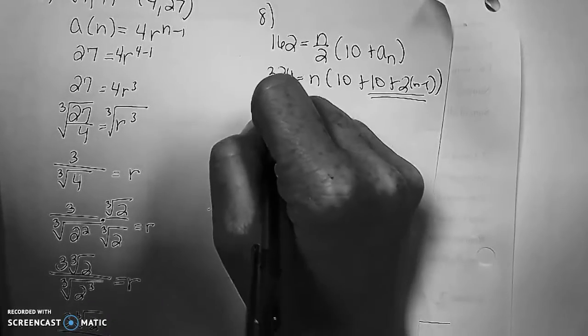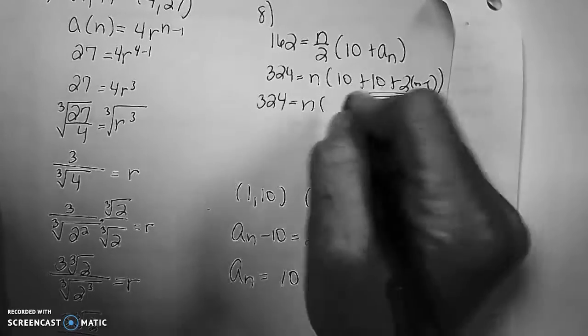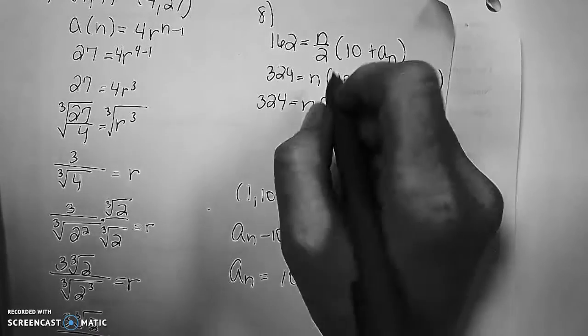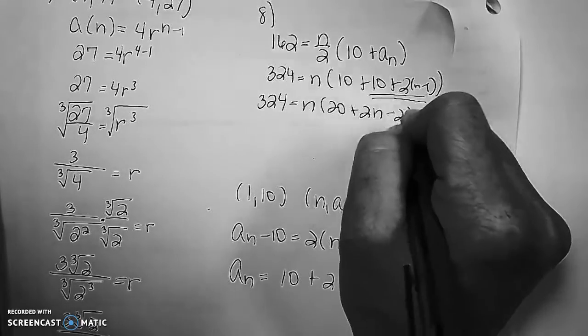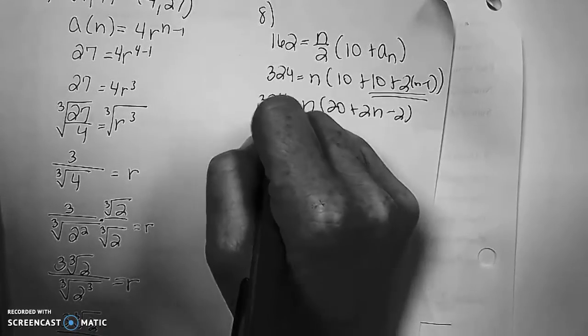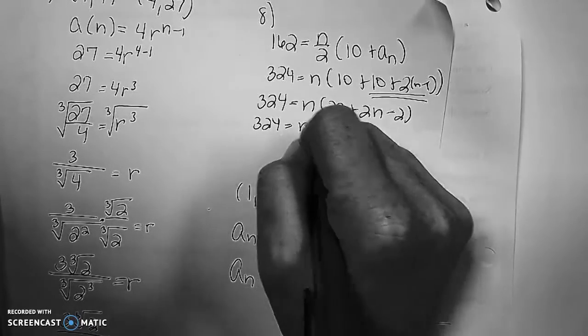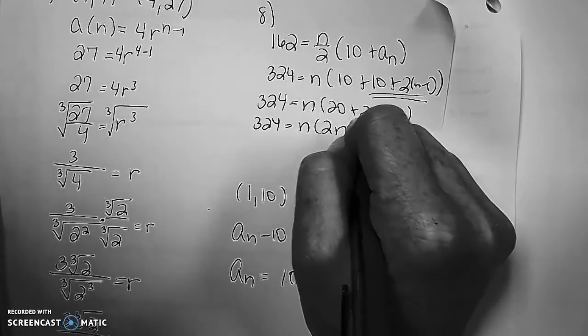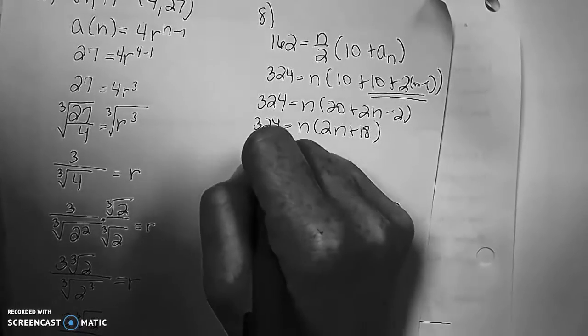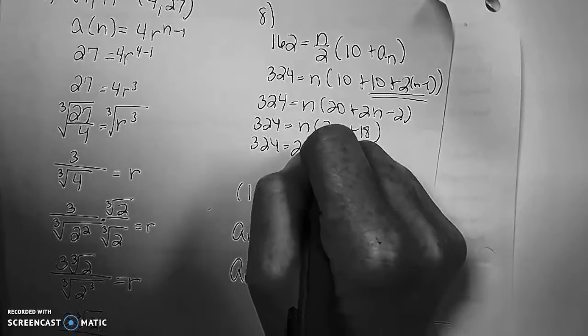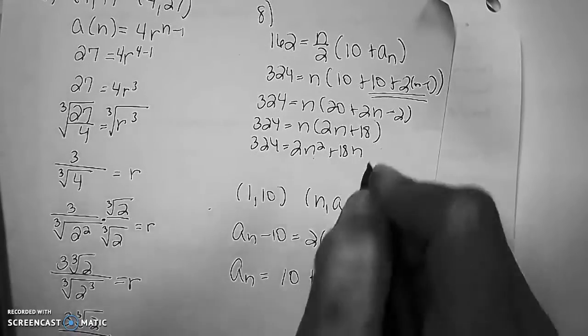So let me do some simplifying. 324 equals n times, 10 plus 10 is 20. Let me distribute 2n minus 2. So 324 will equal n times 2n plus 18. I'm going to go ahead and distribute: 324 equals 2n squared plus 18n.